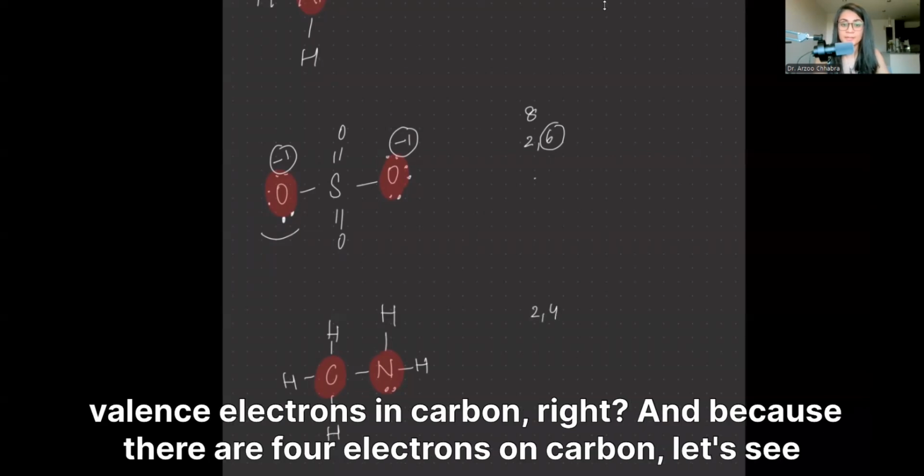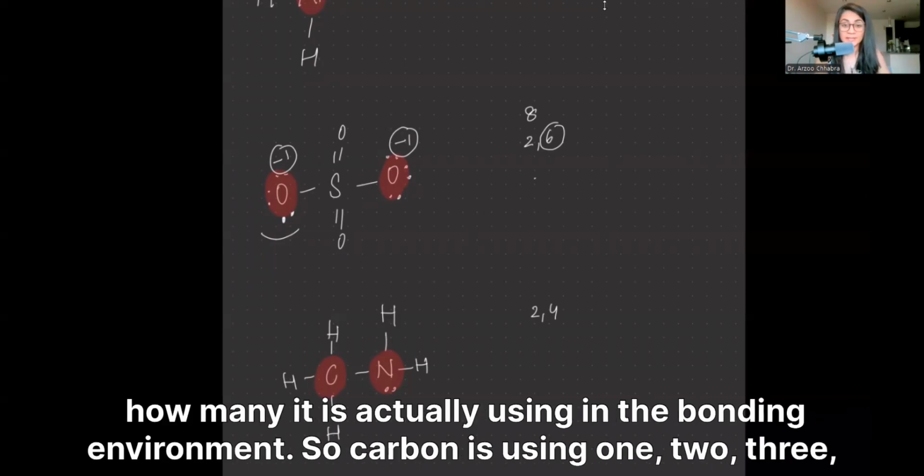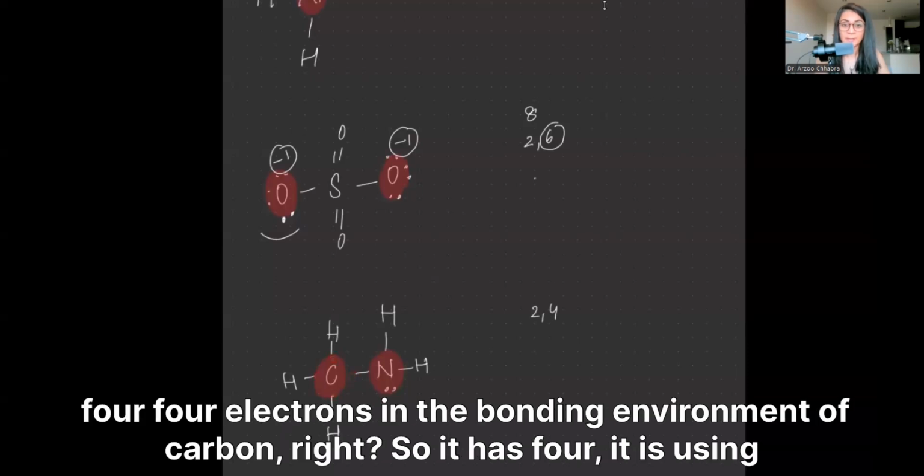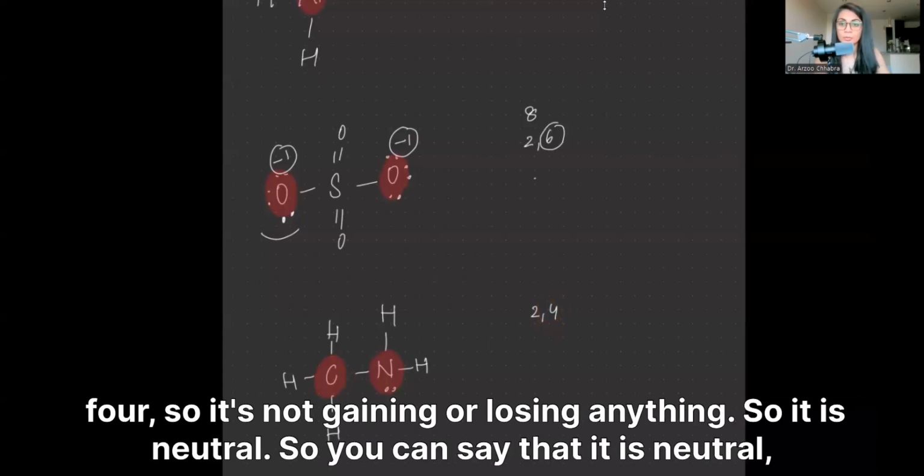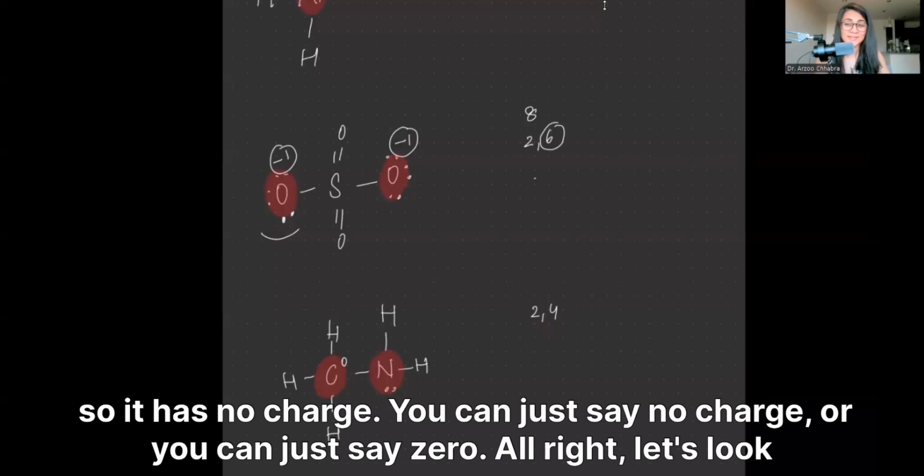Now let's see how many it is actually using in the bonding environment. Carbon is using 1, 2, 3, 4 electrons. It has 4 and is using 4, so it's not gaining or losing anything. It is neutral, so it has no charge, or you can just say 0.